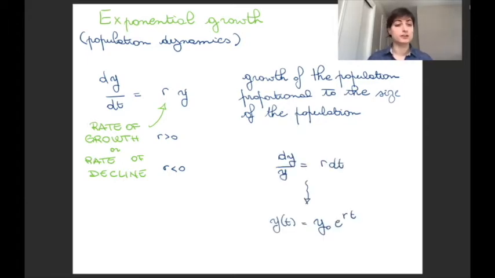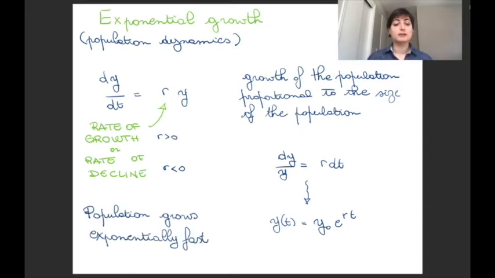The solution of this ODE, you can do it by separation of variables, you can do it in other ways as well. It's the exponential. So y over time is equal to y0, that is the starting value of the population, times the exponential of r, that is the rate of growth, times the time.